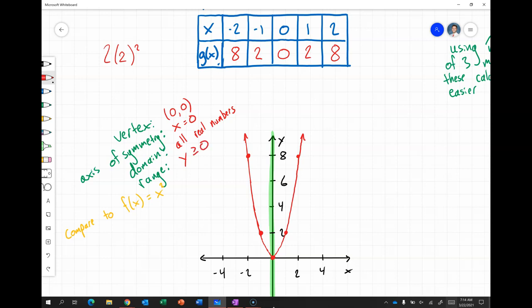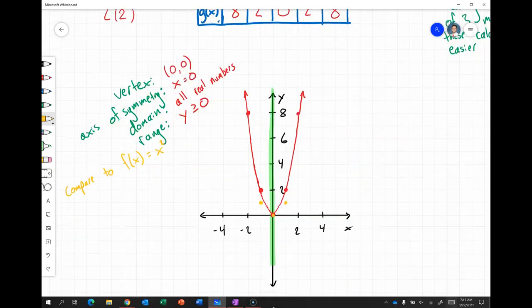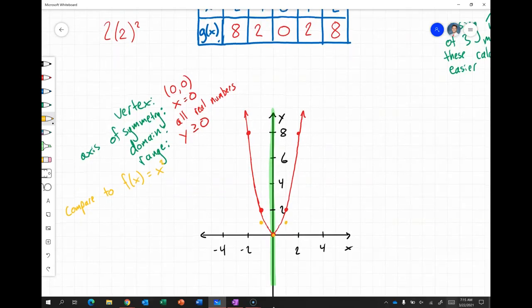Okay, and then we want to compare this graph to the graph of f of x equals x squared, our parent function. So if we were graphing x squared, we would again have a point at 0, 0. We'd have a point at 1, 1, and 2, 4.